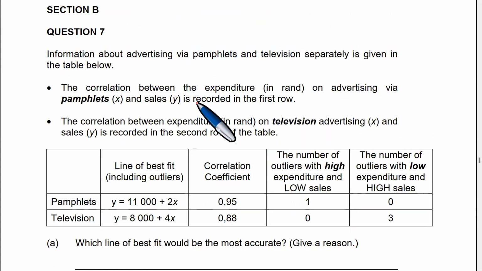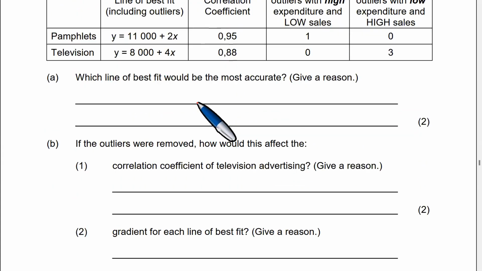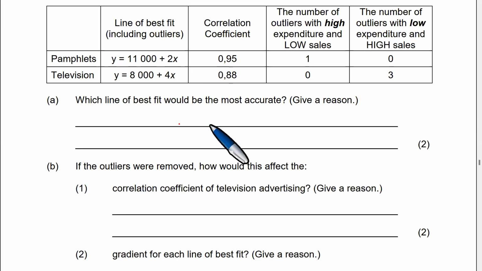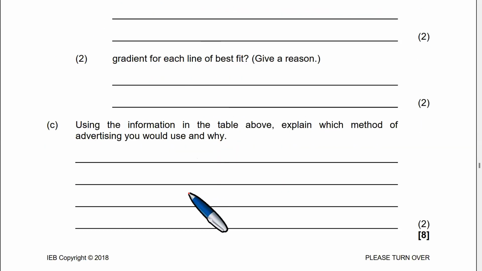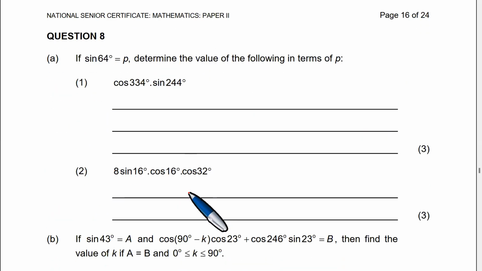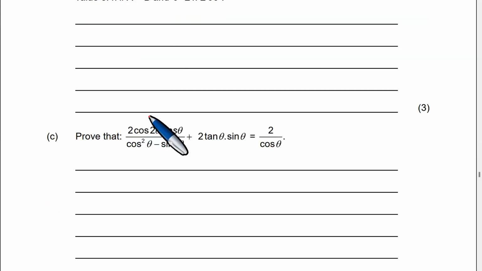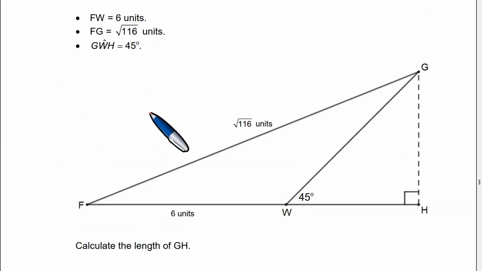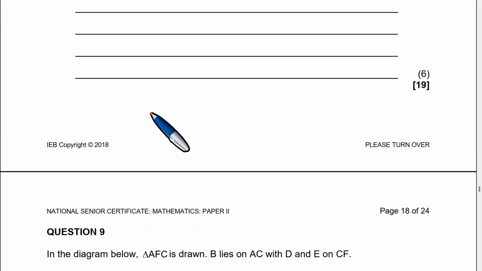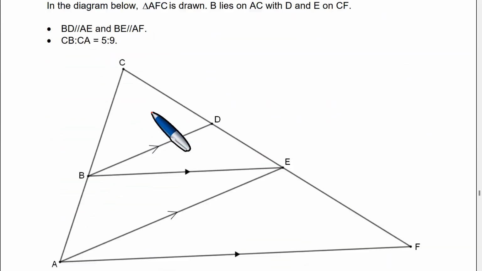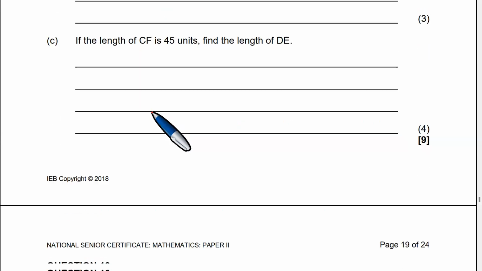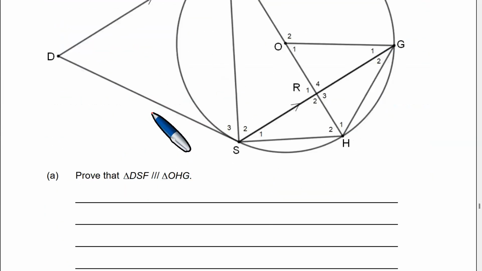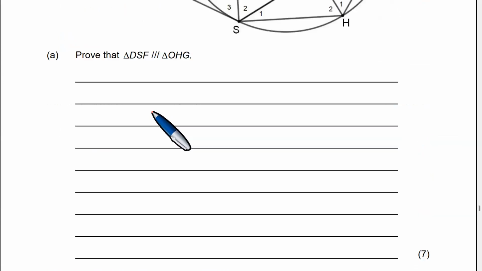I have a Casio calculator on the system, so we can revise how you can use a calculator to calculate the correlation coefficients, the equation of the line of best fit and many other things. Also, we will spend some time on some trig with your permission. I wanted us to spend a bit more time on geometry. Let me see how much geometry is still in the paper. Like this one here. Okay, let's spend some time on this one, and on that one, and so on and so forth.